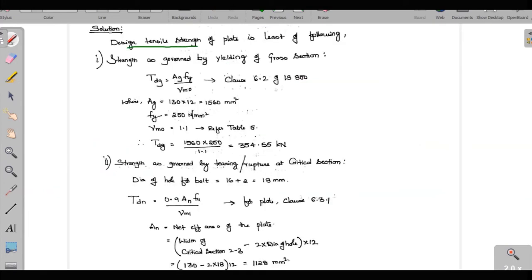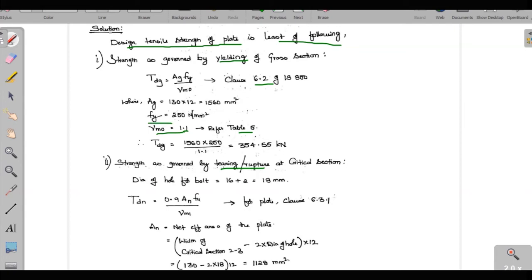So the design tensile strength of the plate is the least of the following. First one is strength governed by yielding, next tearing or rupture, and third one would be block shear. So as per clause 6.2, the strength in yielding is given by Tdg equals Ag Fy by gamma m0. Gamma m0 is the partial factor of safety against the failure in yielding, which is taken from table 5 and it is going to be 1.1.